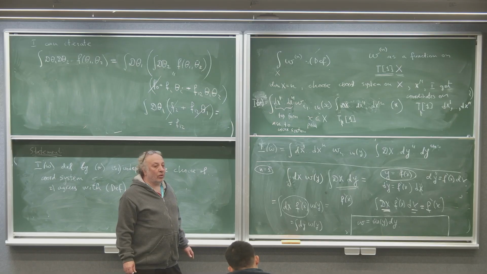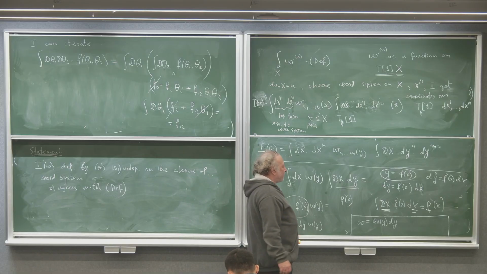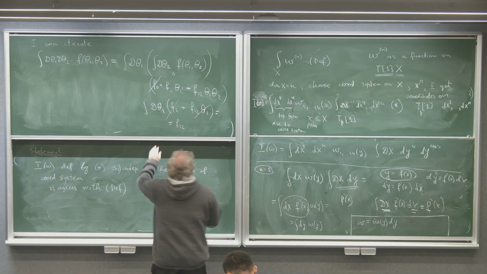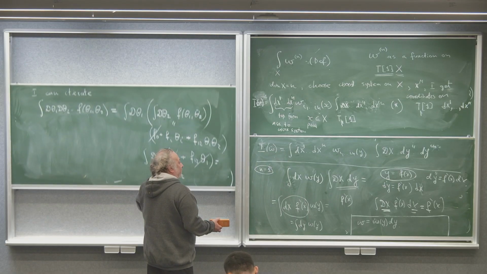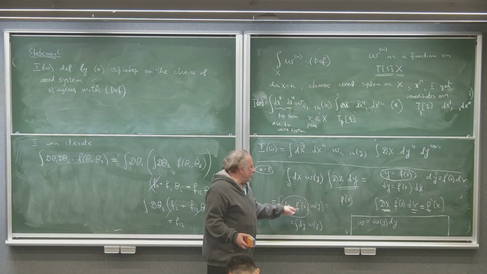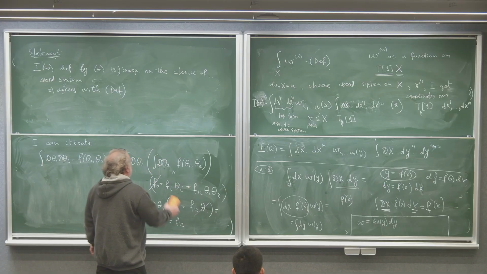So how would it work in general? We see that x dependence disappears, and such an integral is exactly the integral that we know.